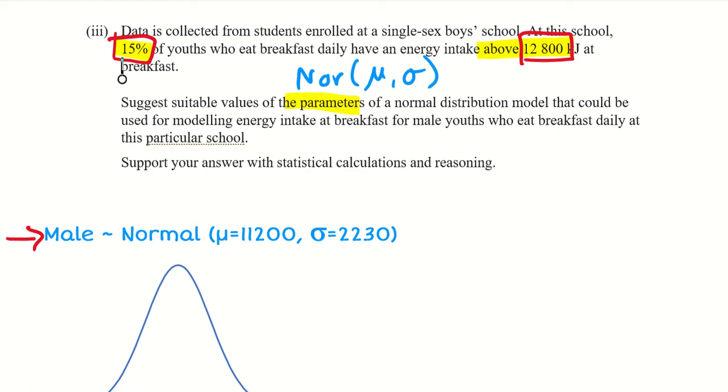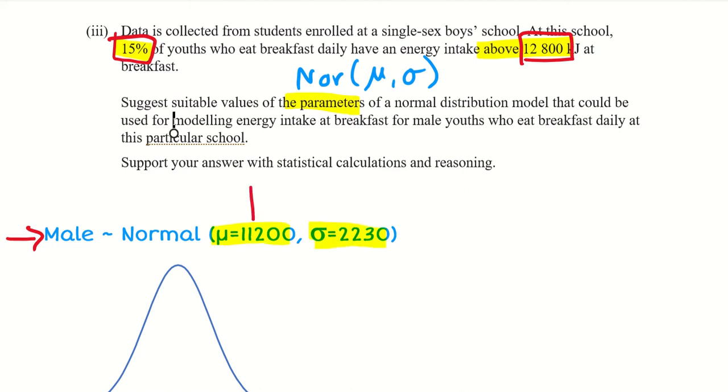There are two things we could do. We have to make an assumption, because those two pieces of information by themselves are not enough. That's why I need to use this information down here.